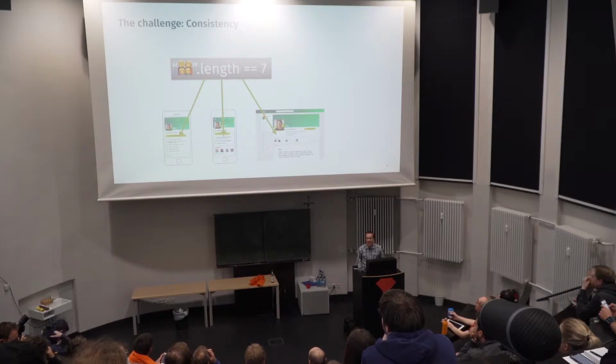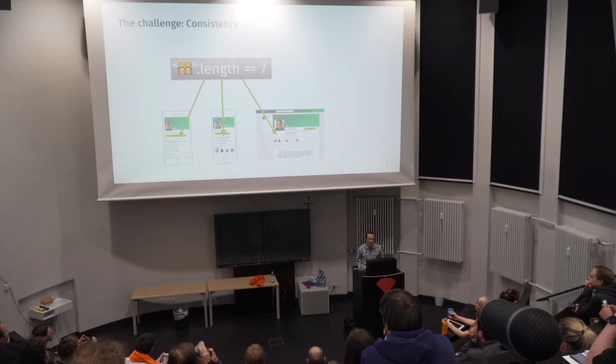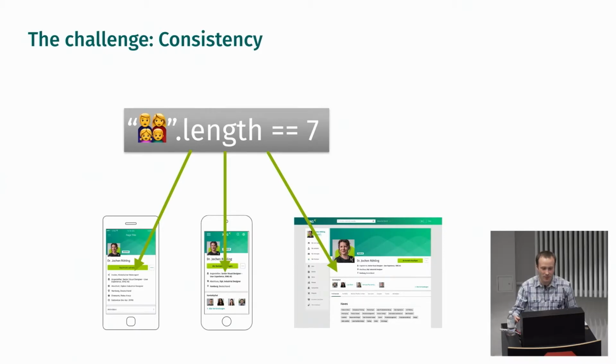The actual challenge is to count consistently across all platforms, being Android, iOS, web, and the Ruby backend. We didn't really care too much if we counted right. If you count right, that's very, very subjective. You could argue if it's right to say that the length of a family emoji is 7. So the thing that mattered to us was consistency.